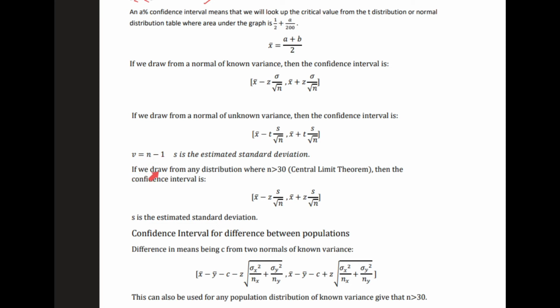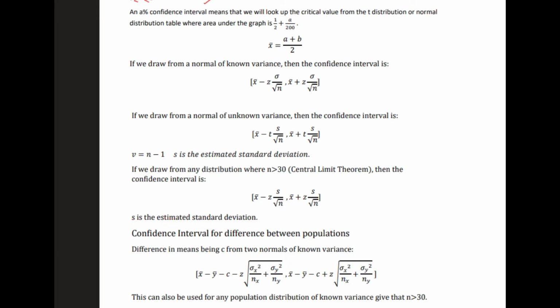So if we draw from any distribution where n is greater than 30, then the confidence interval is this one. So that means you have unknown variance, but n is greater than 30, and then you use the Z distribution. Okay, so where the S is again the unbiased estimator.